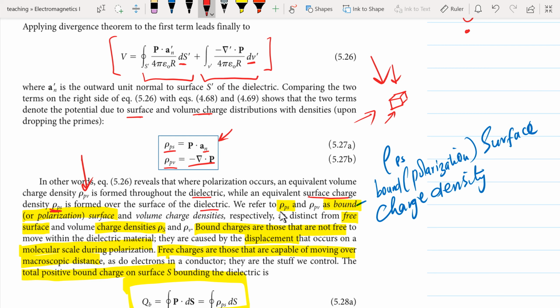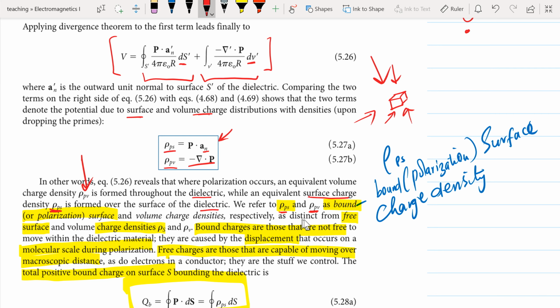We are saying that the rho PS, due to the surface charge, on the surface of the elemental volume is considered as bound or polarization surface charge density, and the rho PV is considered as volume charge density. Of course, again, bound volume charge density.